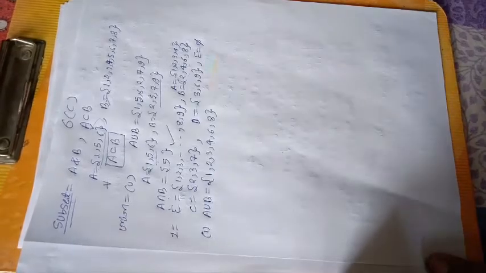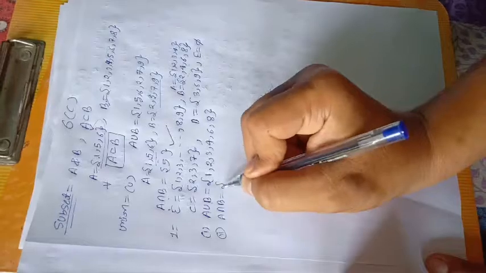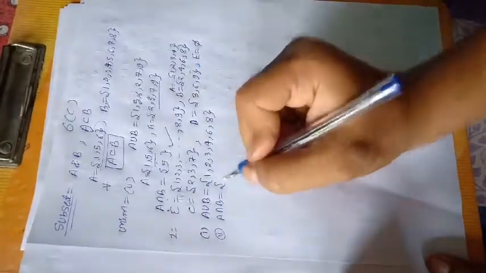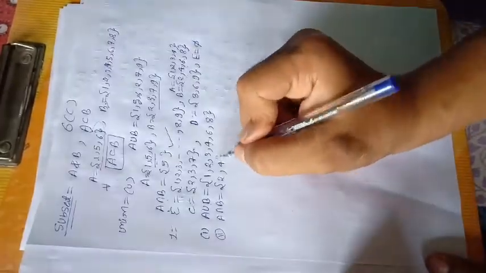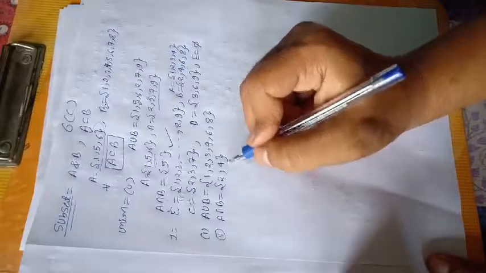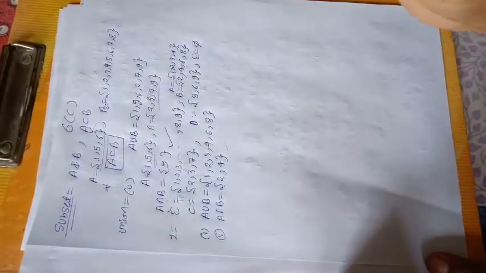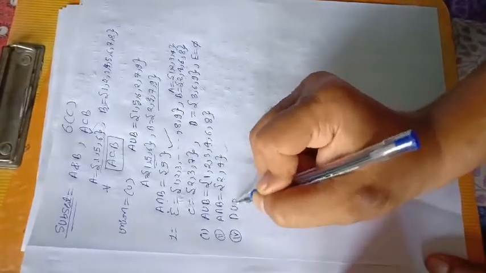Okay. Now suppose we have to find A intersection B. We have to find which elements are common. 1 is not in B, 2 is common, 3 is not, 4 is common. So there are only two common elements, 2 and 4, and we write them here. This is A intersection B. Now the fourth part, D union phi.